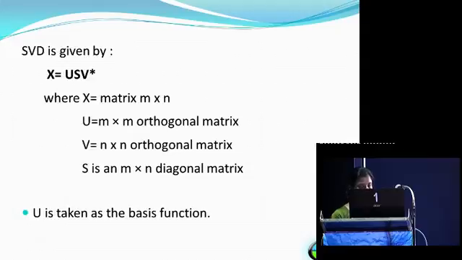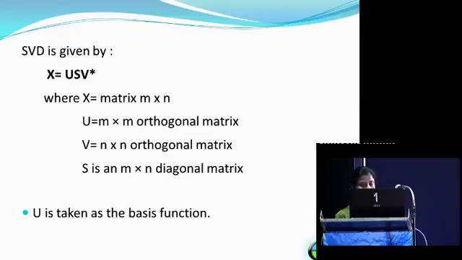Your left singular matrix is m by m, here you have an image of m by n size, and the right singular matrix will be of n by n size. When I consider my whole image, I have taken the left singular and right singular values. But when I want patch-based processing, I have taken only the left singular values.